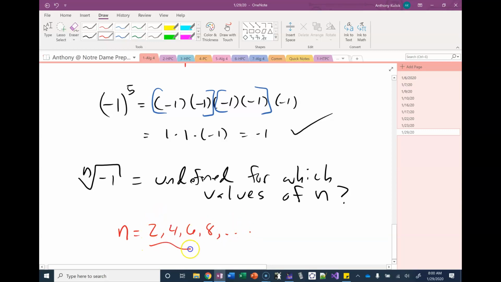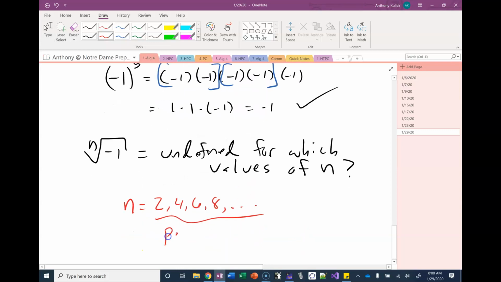Exactly right. So these are just the positive even numbers greater than or equal to 2. So you can't take the square root of a negative, you can't take the 4th root of a negative, the 6th root of a negative, the 8th root of a negative, etc. are all going to be issues for us. Is everybody okay with that idea?